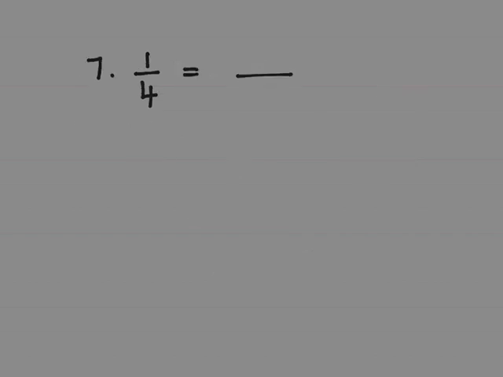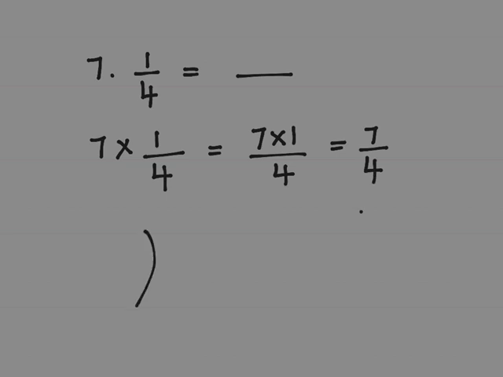Let us find the answer. 7 ÷ 1/4 can be written as 7 times 1/4. Multiply the numerators. 7 times 1 over 4, which is 7 by 4. Now let us divide and find out. 7 is the dividend, 4 is the divisor.